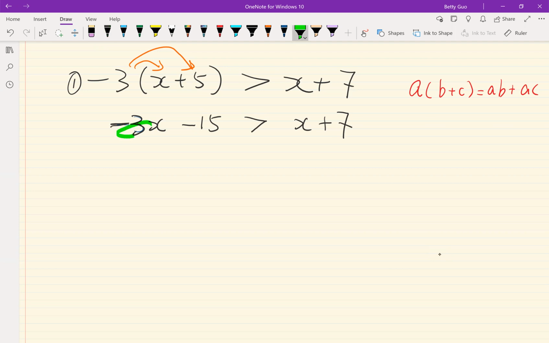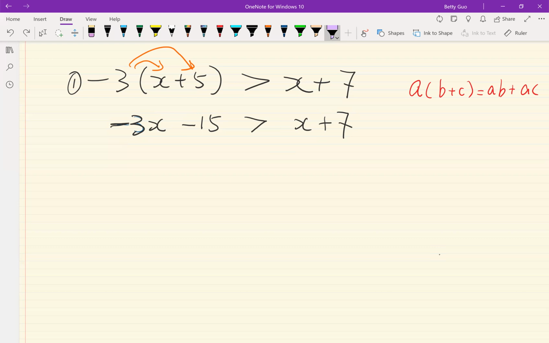We want these 2 terms on the same side because they are variable terms, right? And we want these 2 constants on the right-hand side. Then we can combine them. The goal is clear, right? So how do we do that? We can use transposition of terms, or we can use the addition property.